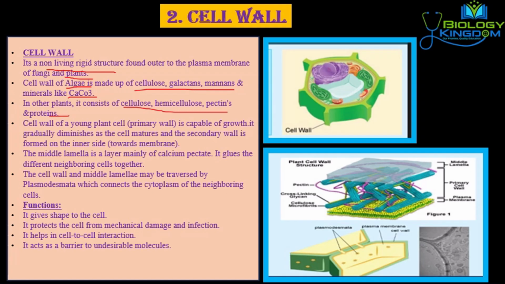Here we have the primary cell wall and secondary cell wall. The cell wall is divided into components. The primary cell wall is the outermost layer, and the secondary cell wall is the innermost layer. So if this is the structure of the cell wall, we have three layers like this: primary, secondary.